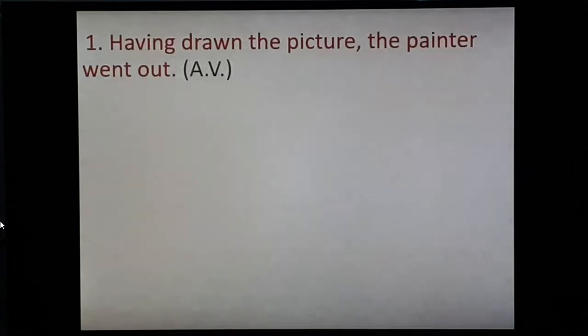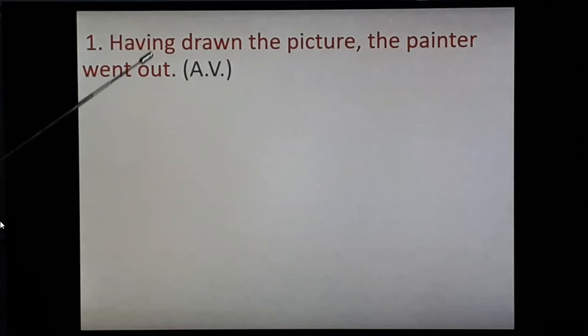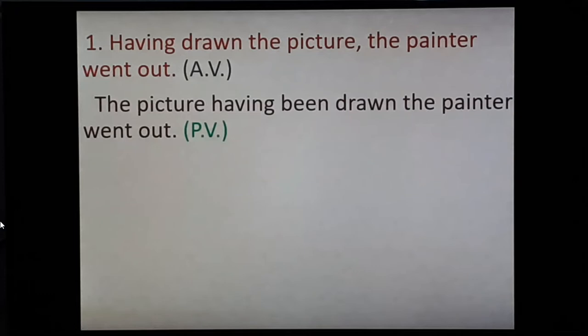Let's see active passive voice with perfect participle. First, having drawn the picture, the painter went out. This is active voice. How to turn to passive, that we will see.